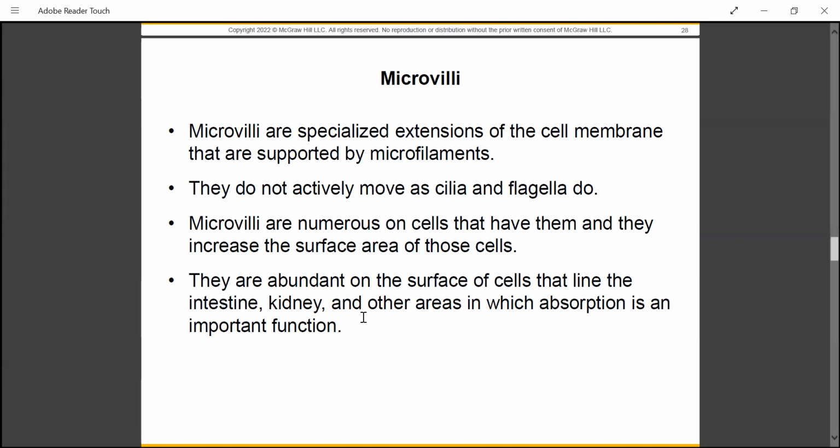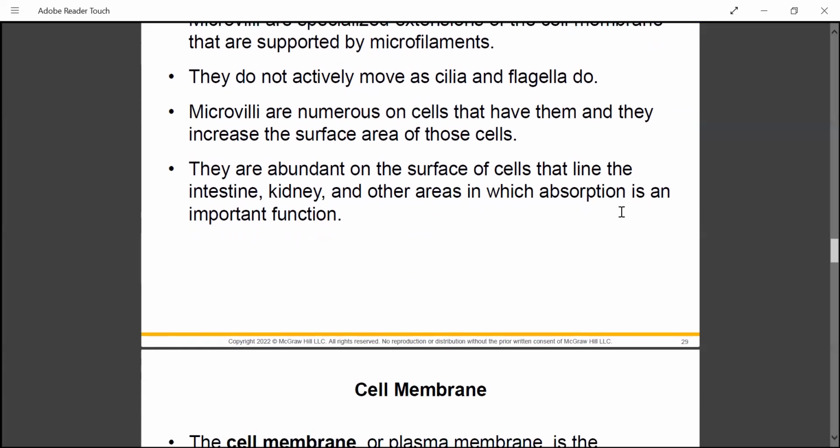That really increases the total surface area of their cell membranes. So in an area like the kidney or our small intestine, where there's a lot of absorption happening, having these microvilli structures is really important for them to be able to absorb as many nutrients as possible.